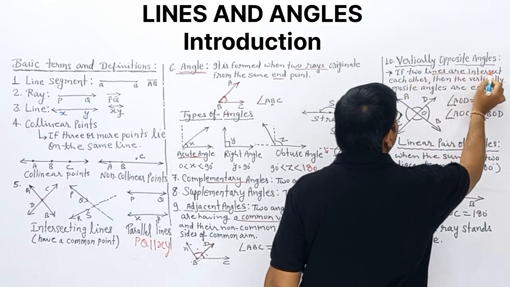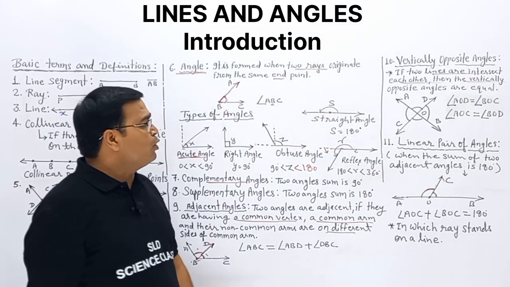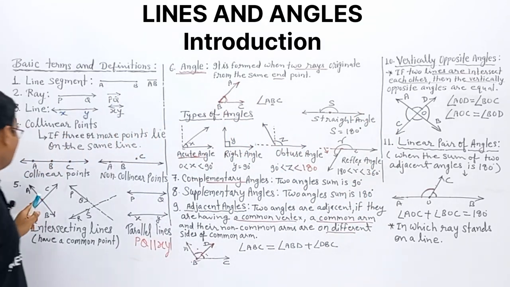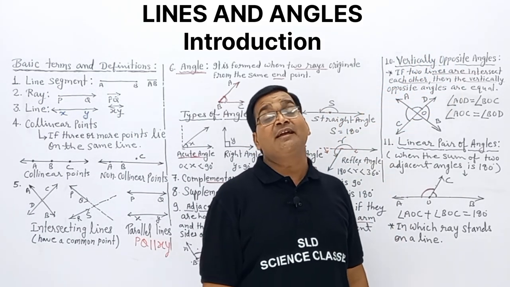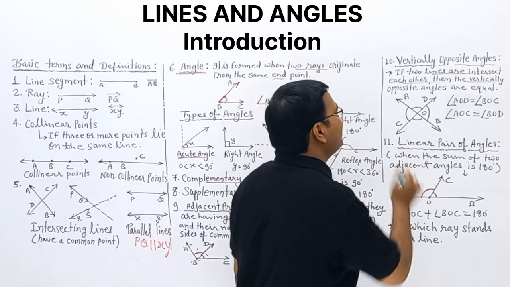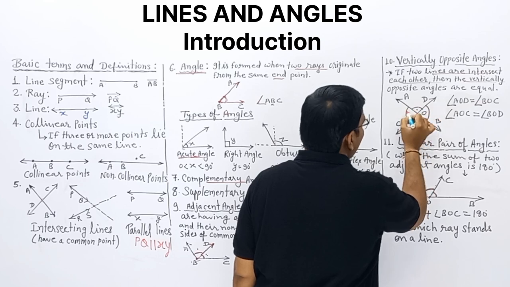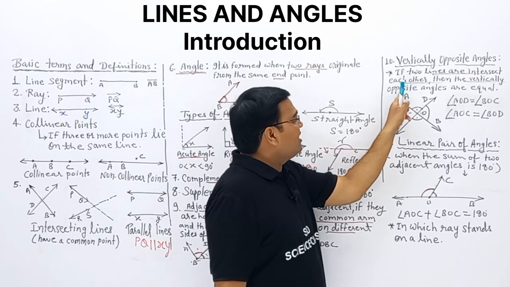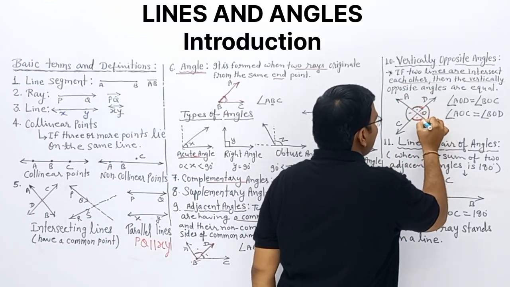If two lines are intersecting each other, like this line and this line, then we are getting vertically opposite angles. And vertically opposite angles will be equal. Observe this important condition. Once two lines intersect, we get vertically opposite angles, and they will be equal. This angle AOD will be equal to this one.